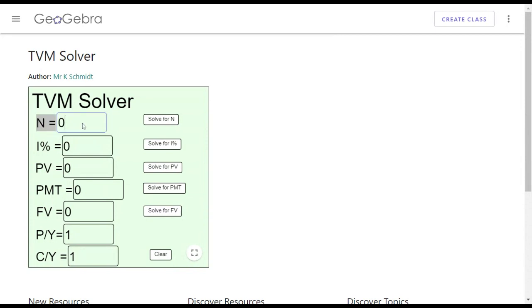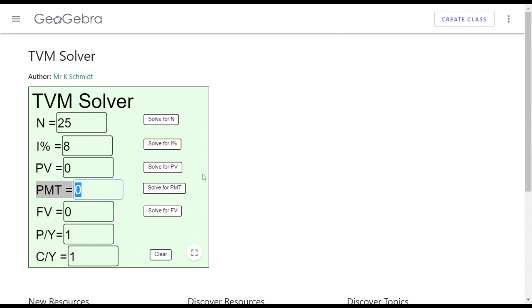Well, that's 1 times 25, which is 25. We said I is 8%. PV, that's what we're looking for, right? We want to know how much has to be in the account now. That's what they're asking for.